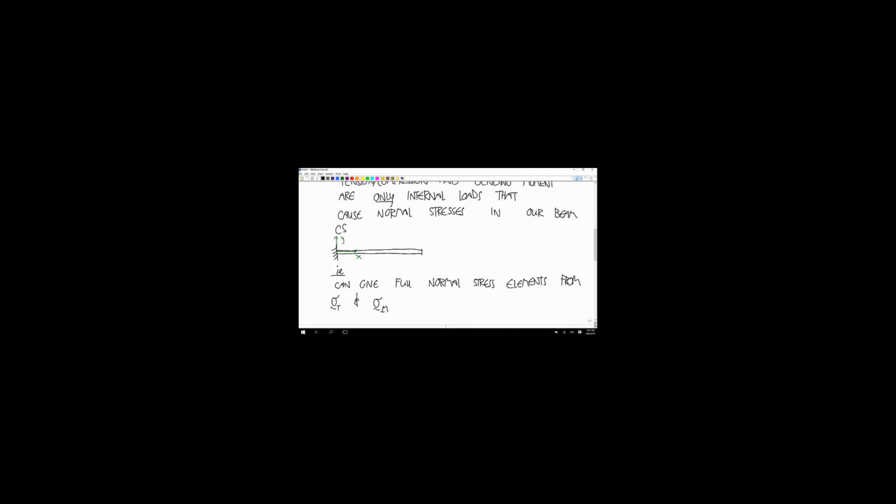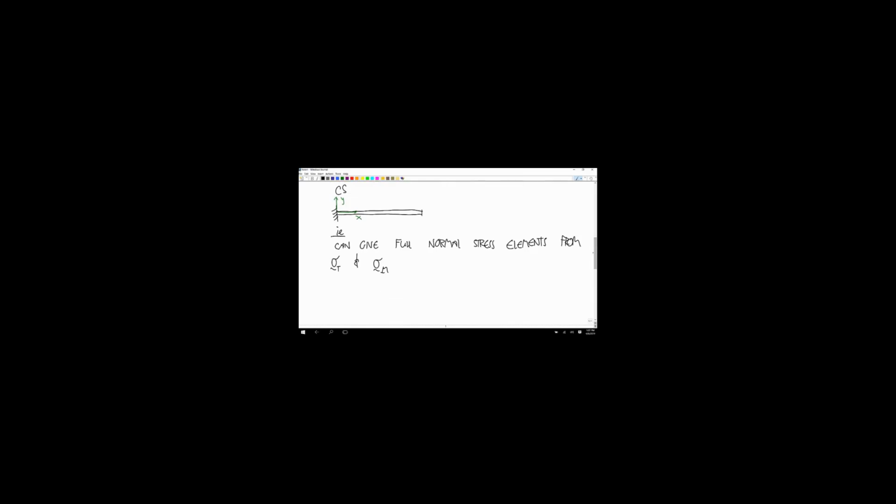Okay. That's not true of any coordinate system, because remember that for any crazy stress tensor, you can find a coordinate system that only has normal stress elements. But in this beam coordinate system, these are the only ones that contribute normal stresses. Okay, so we can start to do problems, we just can't fill out the whole stress tensor yet.